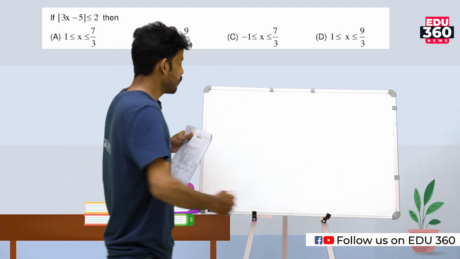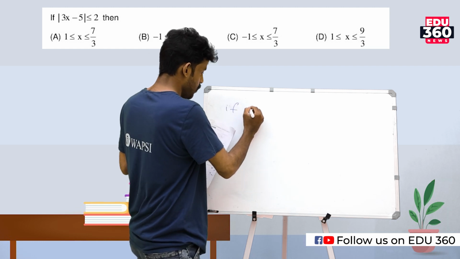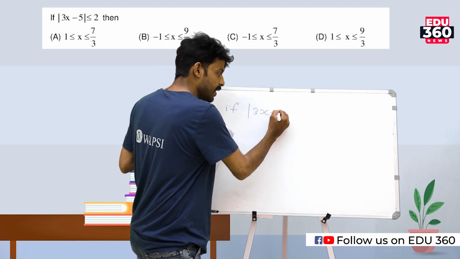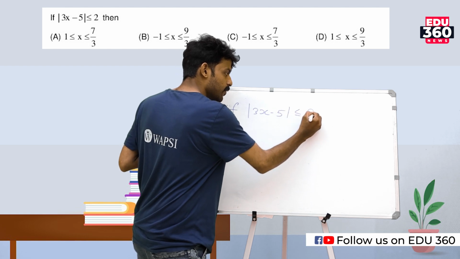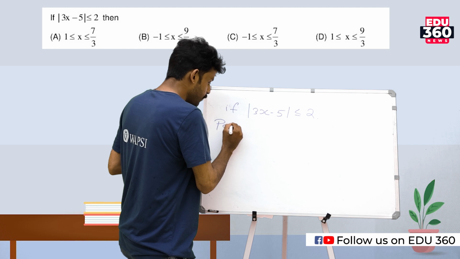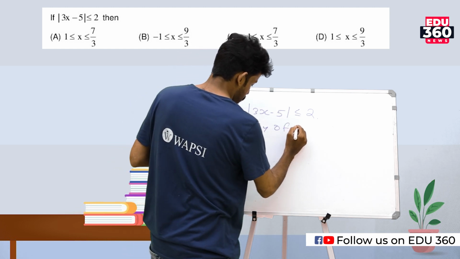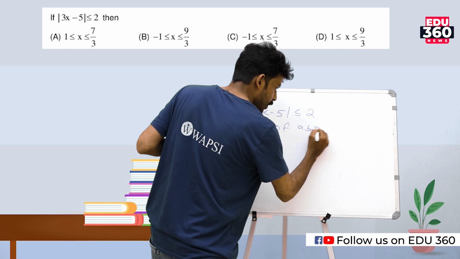Okay, so first of all let me write the question. If mod of 3x minus 5 is less than or equal to 2. Okay, so we can write from the property of absolute value inequality.